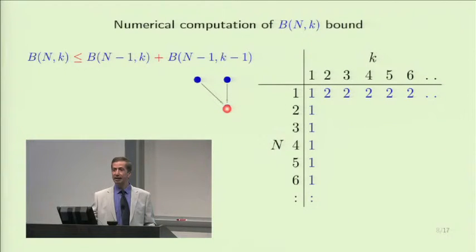So this is n and k. This would be n minus 1 and k. This would be n minus 1 and k minus 1. That's exactly what this says, right? Okay? So if I have these 2 points, I can get a value here, which will be an upper bound on this fellow, okay? So let us actually go through this table and fill it up, okay?